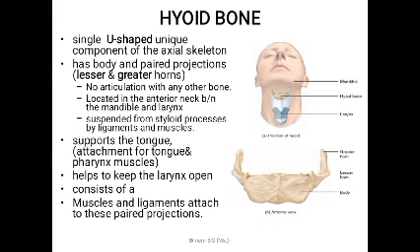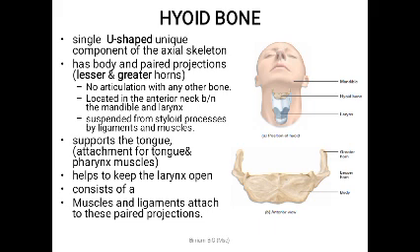Hyoid bone: a single U-shaped unique component of the axial skeleton. It has a body and paired projections, the lesser and greater horns. It has no articulation with any other bone, and is located in the anterior neck between the mandible and the larynx, suspended from the styloid processes by ligaments and muscles.